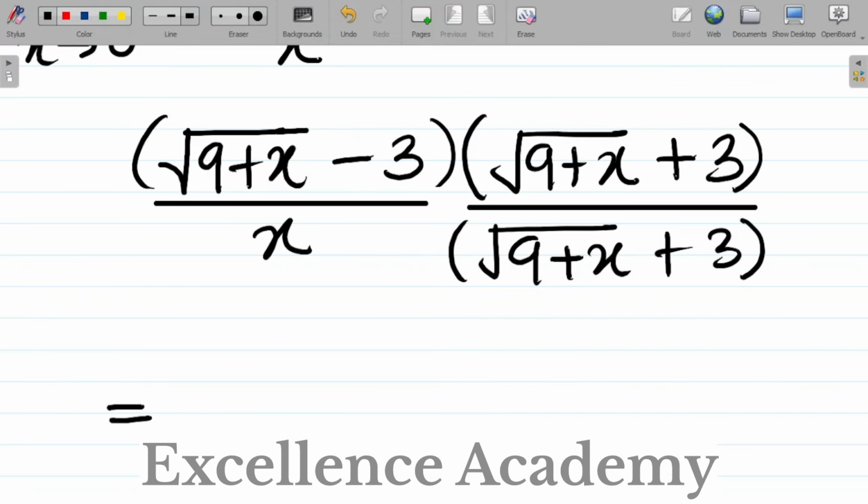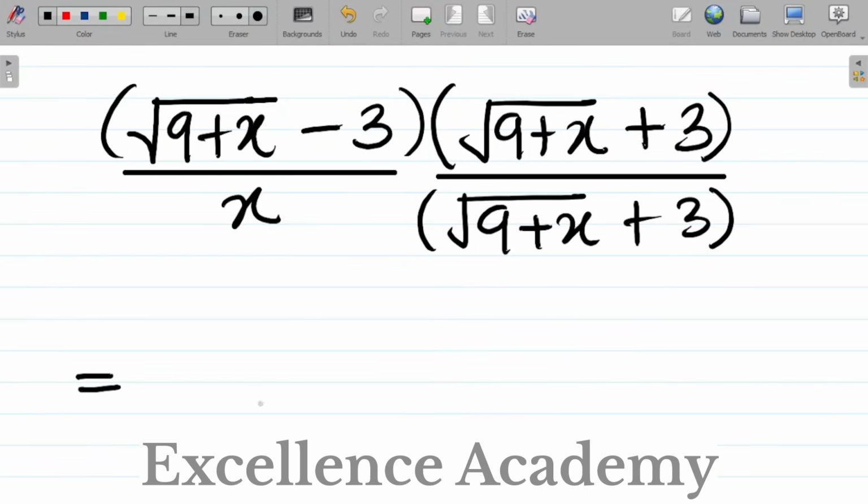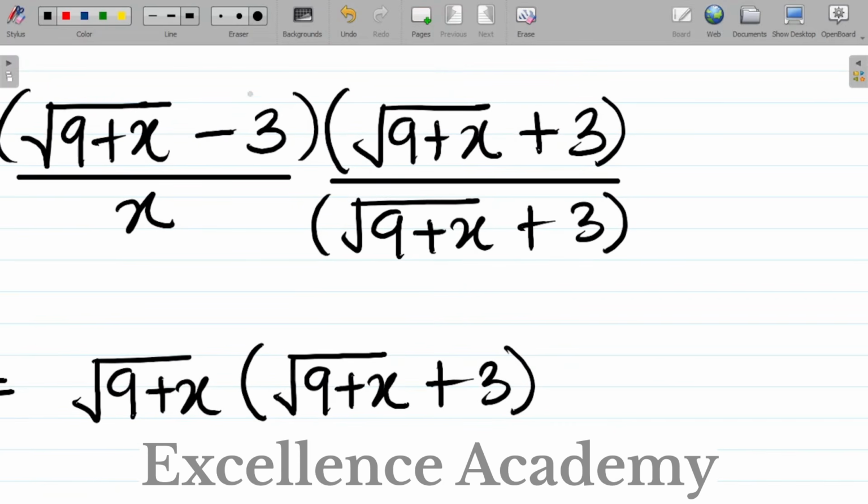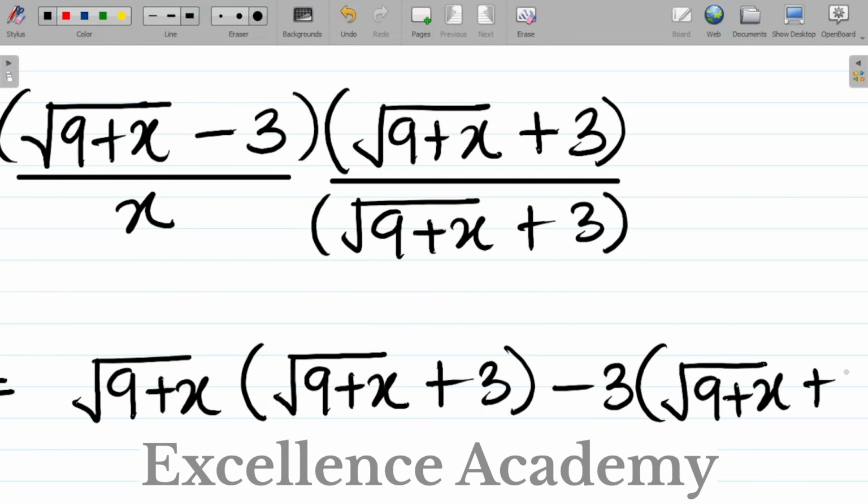All right. Okay. So proceeding. At this point, we want to expand brackets. In expanding this, of course, we take the first term, root 9 plus x, and multiply everything in the second bracket, root 9 plus x, then plus 3. Next up, take the second term in the first bracket, minus 3, and multiply everything here. That becomes minus 3 into root 9 plus x, then plus 3.